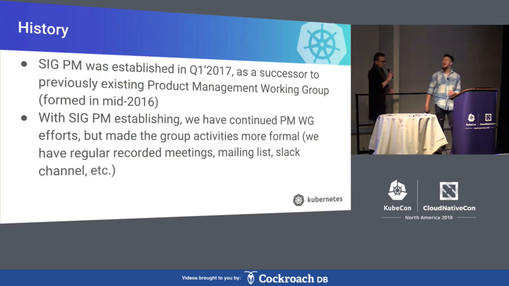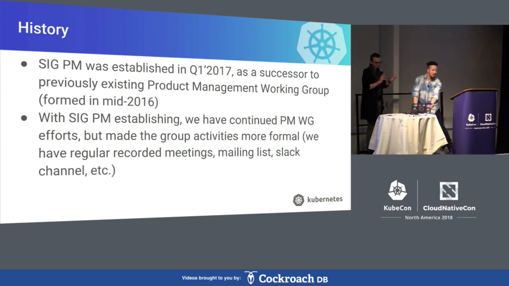We can cover our history briefly for those of you who didn't attend our intro session early this morning. So SIG-PM is one of the earliest SIGs in the Kubernetes community. We initially started as a product management working group. We had a few initiatives within the Kubernetes community. How can we enhance our features backlog? How can we enhance our roadmap process?